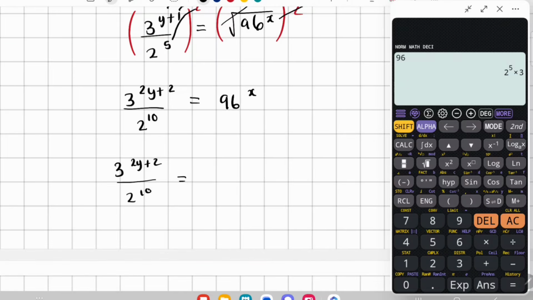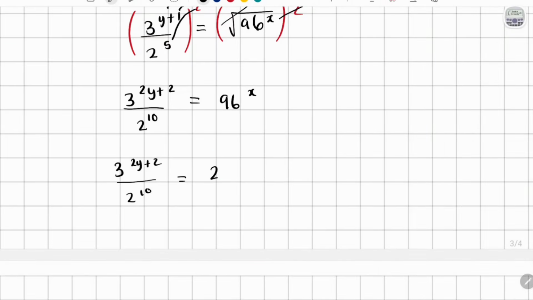So let's be careful with how we write this. It's 2 to the power of 5 times 3. But then we still have the x, which the 96 is being raised to. Since this is now the 96, we are raising this to the x. So that x also has to apply to those exponents.